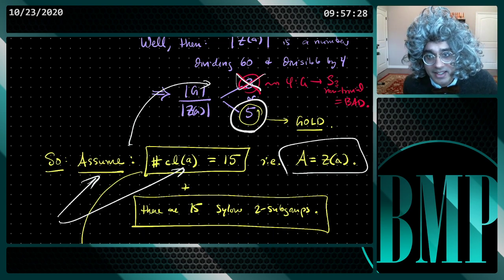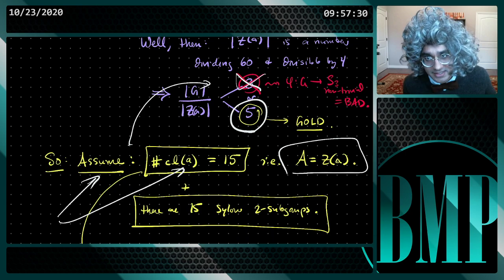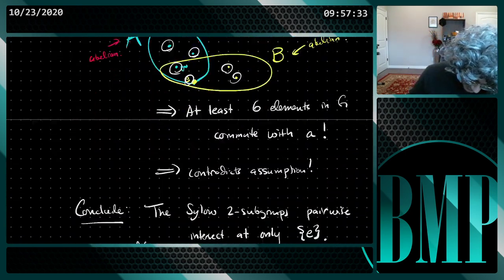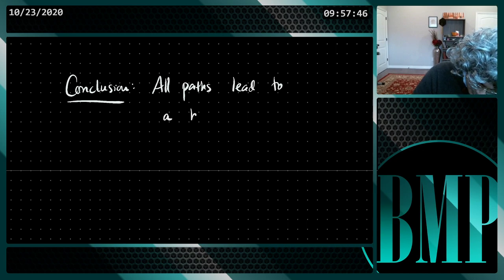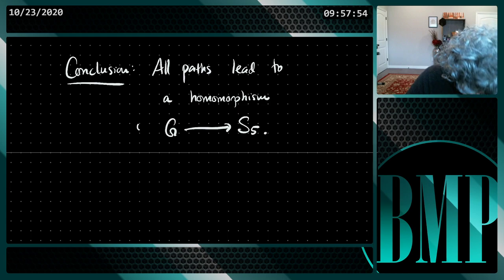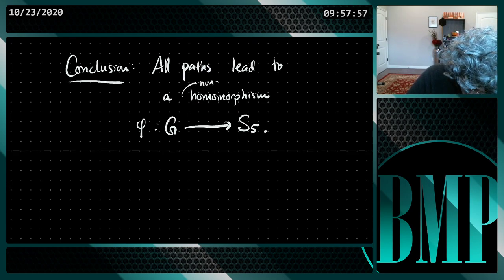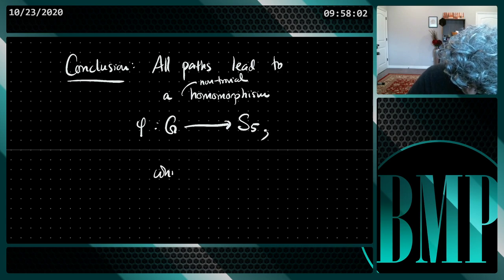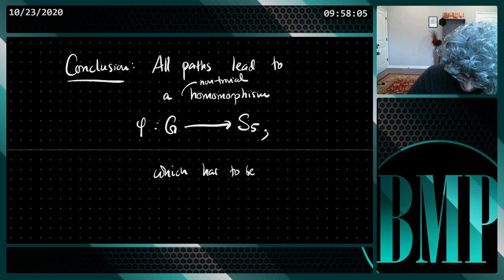And we've exhibited a homomorphism to S5 in any case. Awesome. So all paths lead to a non-trivial homomorphism, which has to be an isomorphism.